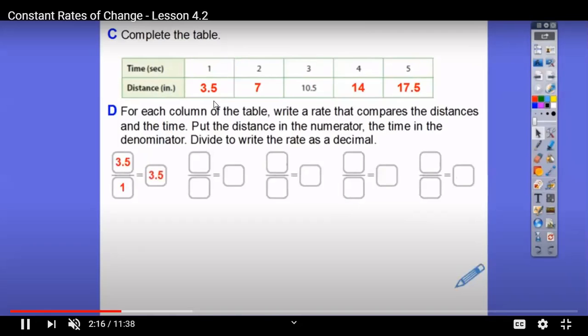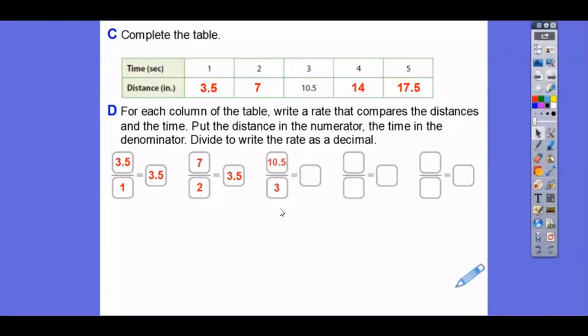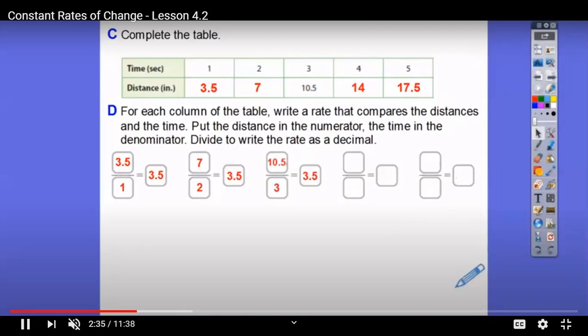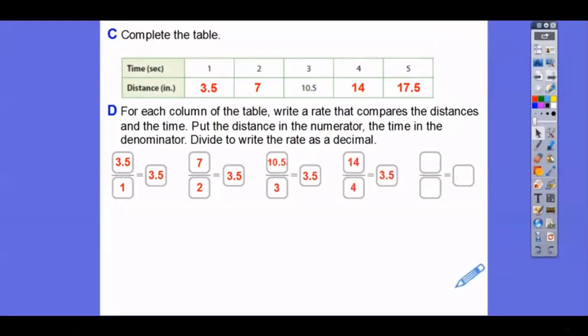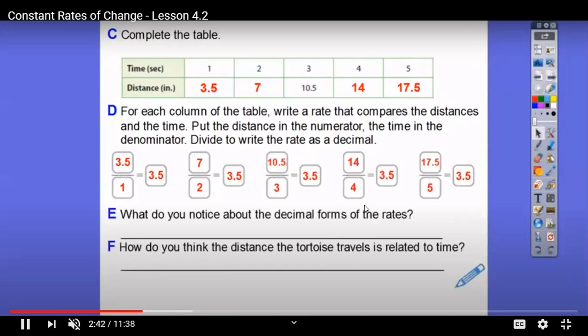It will be 3.5 divided by 1, 7 divided by 2, which is 3.5. The third second, it will be 10.5 divided by 3, the answer is 3.5, and then 14 divided by 4 equals 3.5, and the last one. What do you note here?